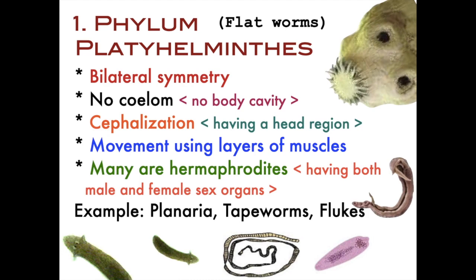They are going to thrash around using muscles in their body for movement. Many of these worms that we're going to be focusing on today, even the earthworms later on when we talk about phylum Annelida, are hermaphrodites. So make sure you know the word hermaphrodite. They have both male and female sex organs. Remember, these worms are parasitic.